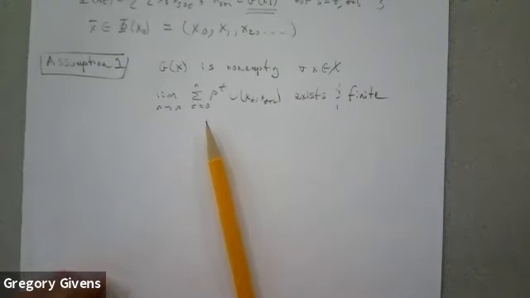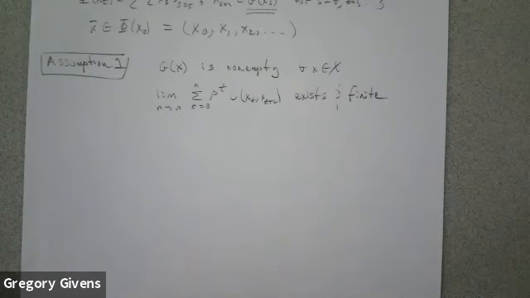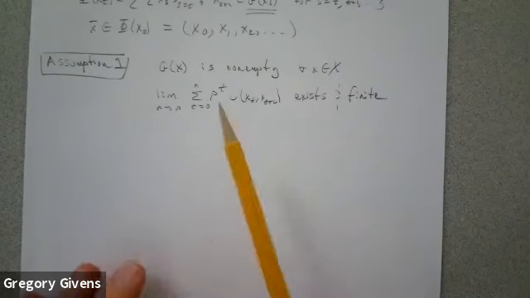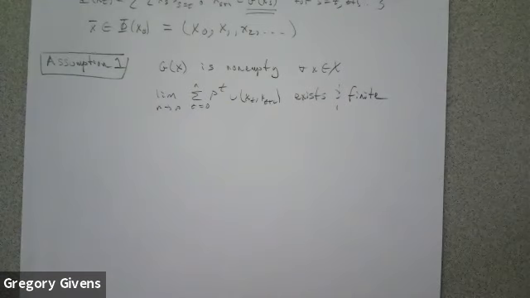What does the second piece of this assumption say? The overall objective function that the planner is trying to maximize has to exist and be finite. Well, that's not really controversial, right? Particularly in economic applications, we're interested in optimization problems that are finite.